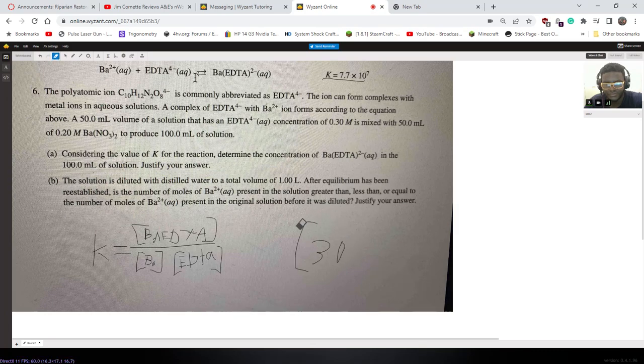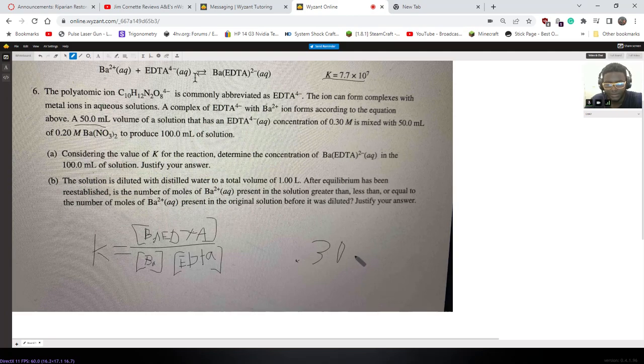It has a concentration of 0.3 molar. Sorry, not 30 molar, 0.3 molar, and this has 0.3 molar and 50 milliliters of a solution of EDTA.